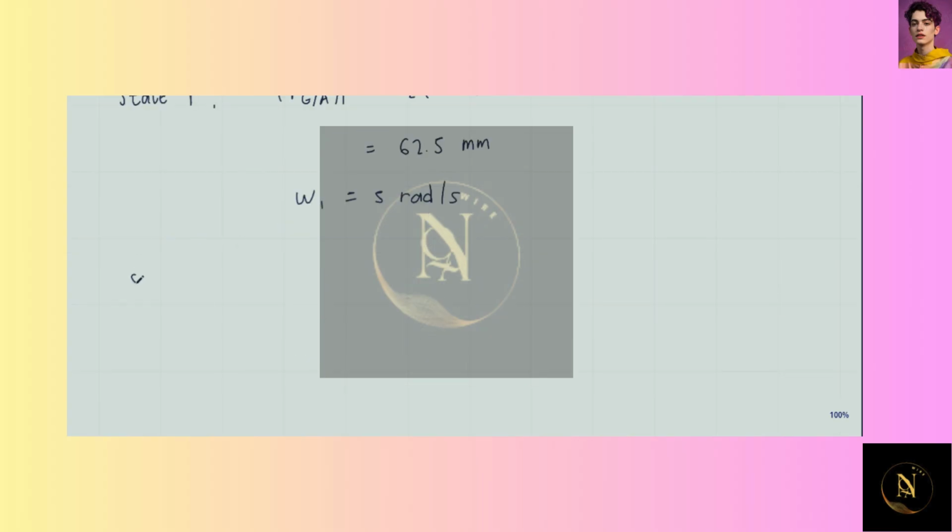Then in state 2, when the cord breaks, the tube is free to move. And the position of the mass center G relative to end of the tube A in this state is equal to 500 minus 62.5, which is 437.5 millimeters.